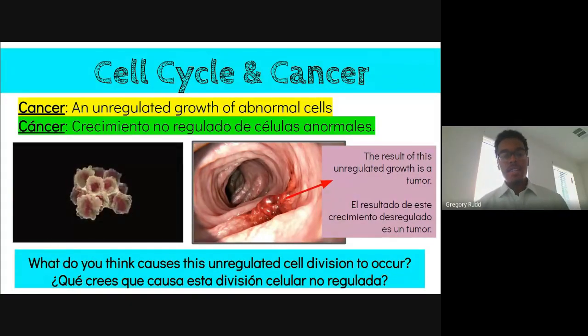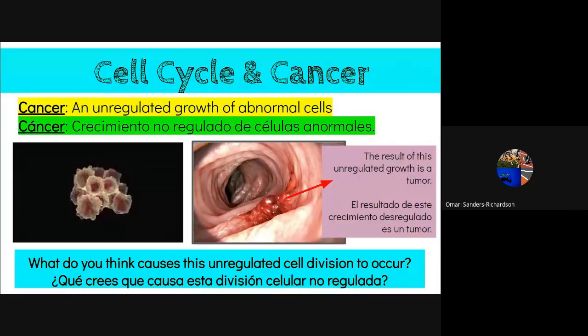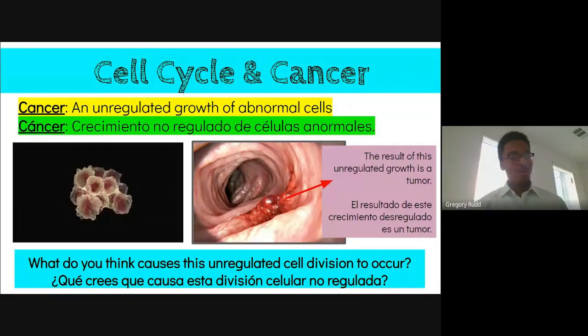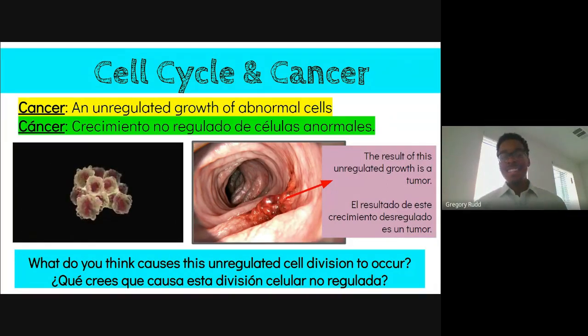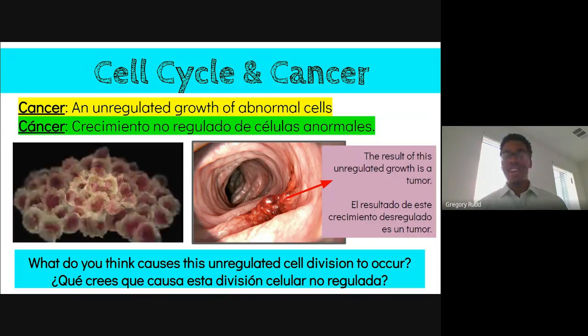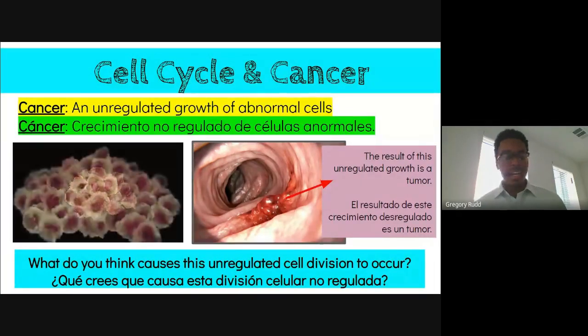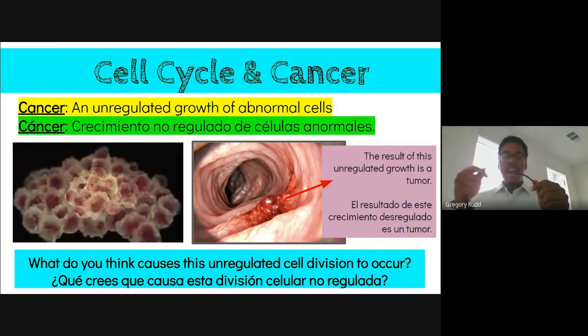Okay, so cancer is... go ahead, question. How did they get the picture like that, like inside of somebody? Do you really want to know? Essentially, they insert a small camera, and it is on a long tube of sorts. Just imagine this cord that I have here.